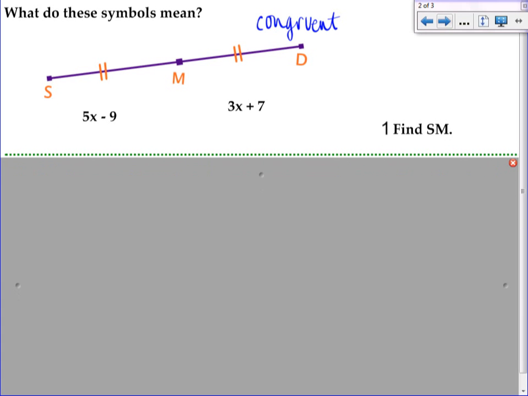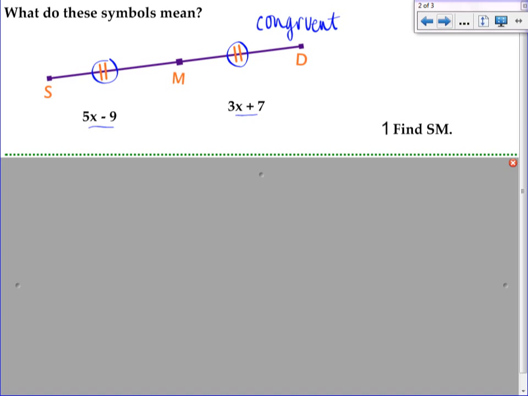All right, so when we had situations like this in the previous section, we were taking part plus the other part and then set it equal to the whole length. Do you remember that? In this situation, we don't know how long the whole segment is, but we do know, what does this mean again? Yeah, that they're the same. They're equal to each other.